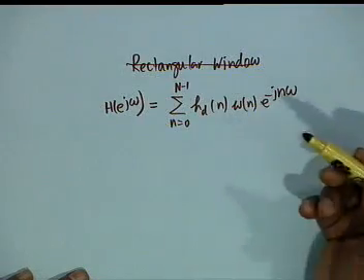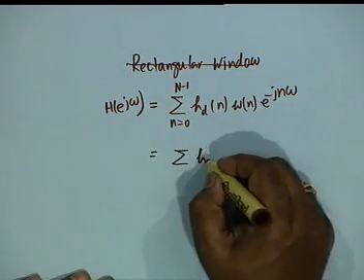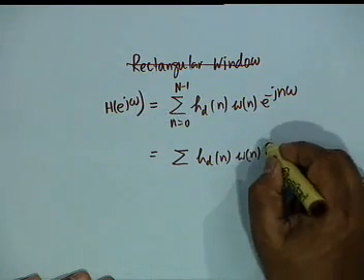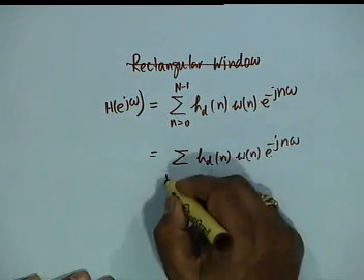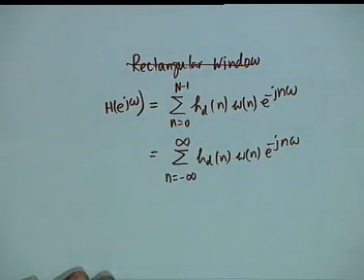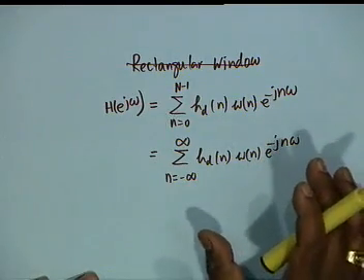I can write this as summation h_d[n] w[n] e^(-jnω), if that is your objection. I take n from minus infinity to infinity, but I choose my w[n] such that I get an FIR.